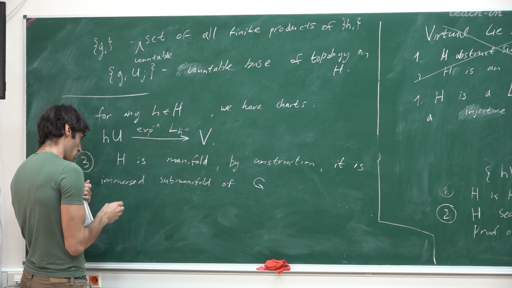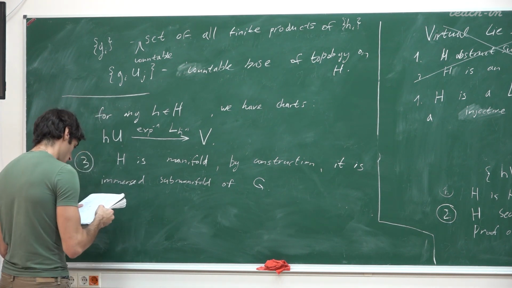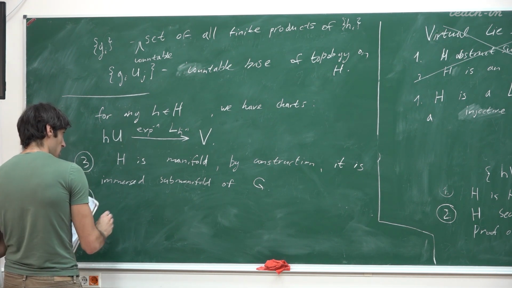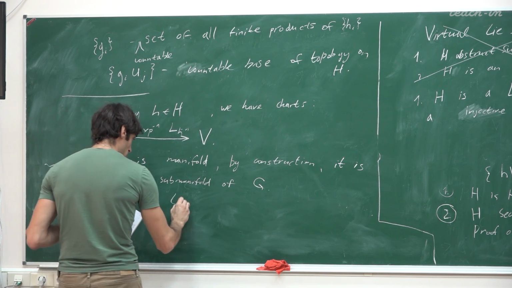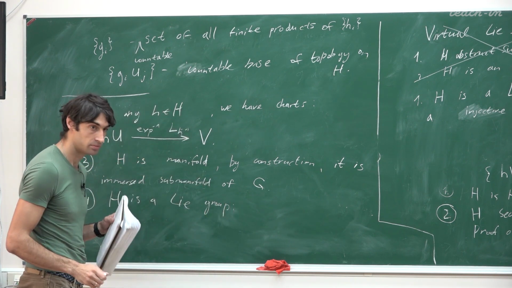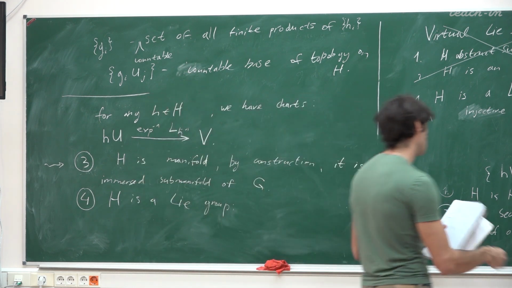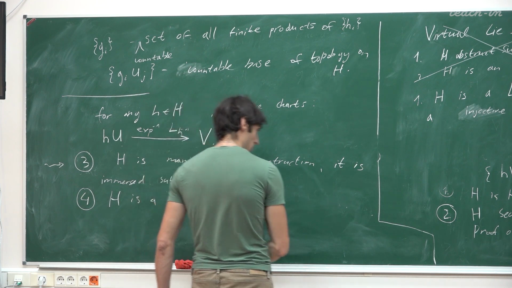Anyways, so what we should say is that number 4 is that H is a Lie group. Why is this true? That's where we will need the Campbell-Hausdorff series.